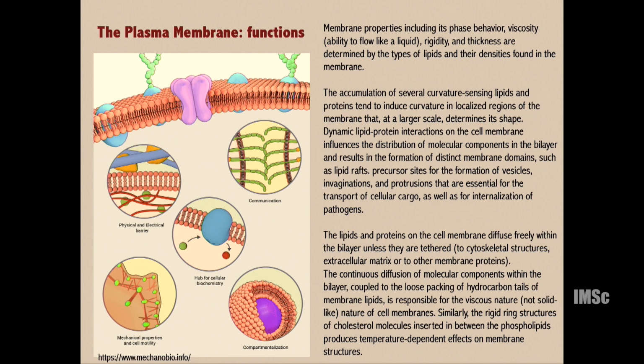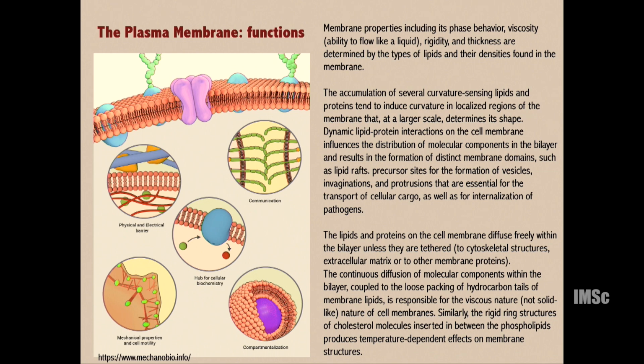Then, I'm not going to go into the functions of the membrane, but from a physics perspective, membrane properties, including its phase behavior, viscosity, rigidity, and thickness, are actually determined by the types of lipids and the densities in the membrane. Lipids also contribute to the curvature of the membrane.